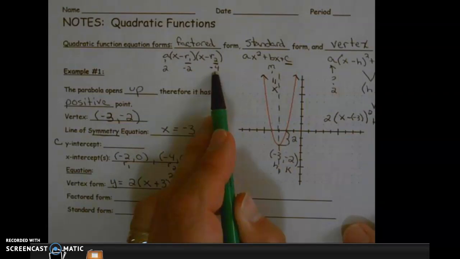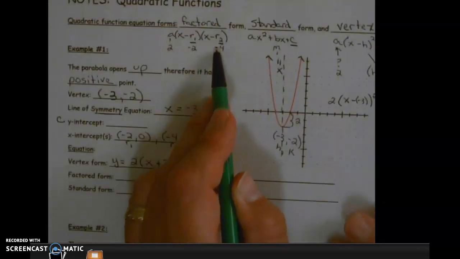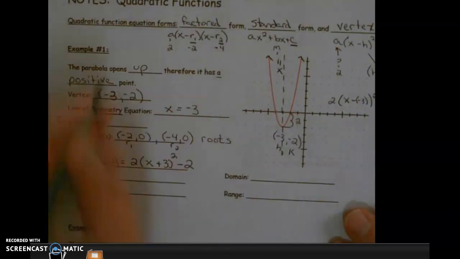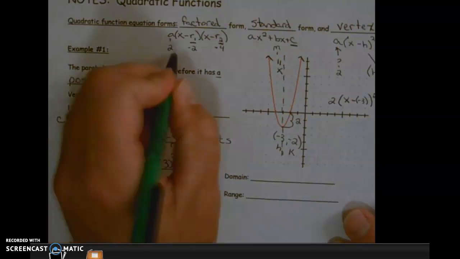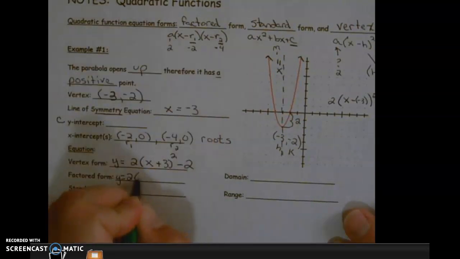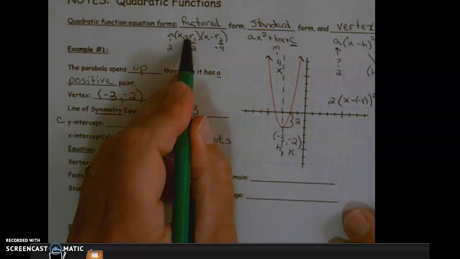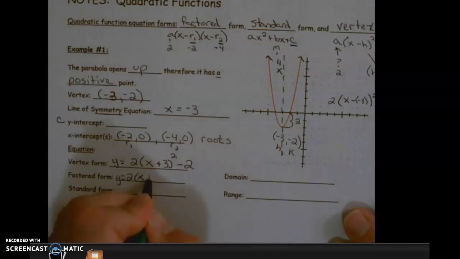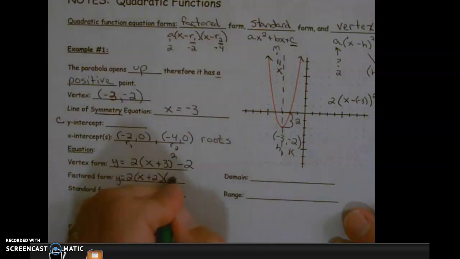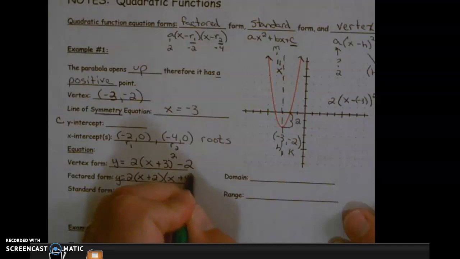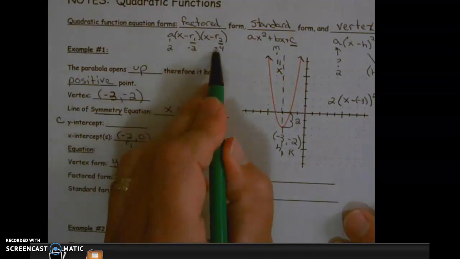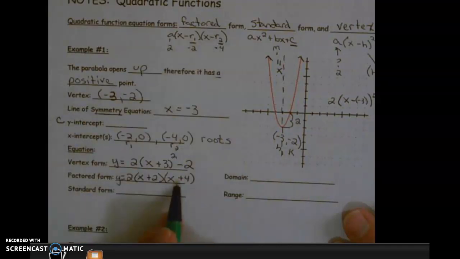So let's write factored form. It's going to be y equals 2 times x minus -2, which is +2, times x minus -4, which is going to be +4. Remember, when you subtract a negative, it's the same as adding.